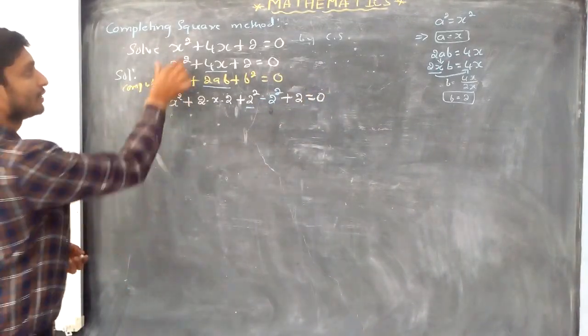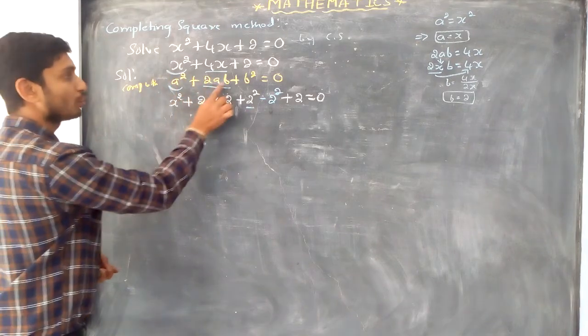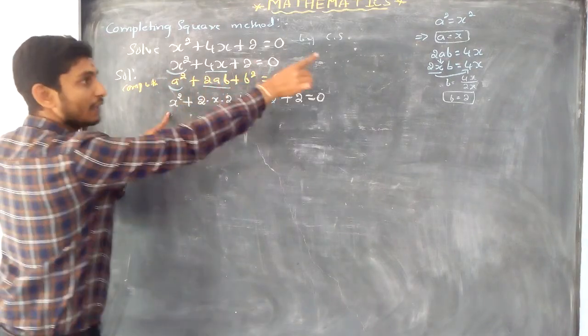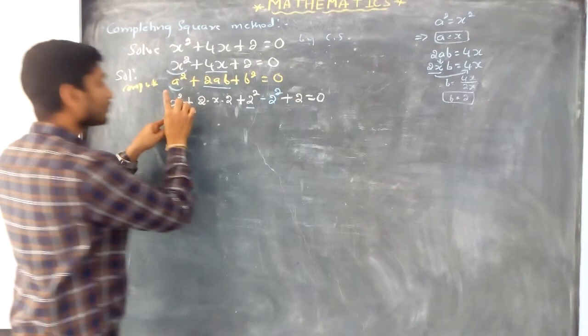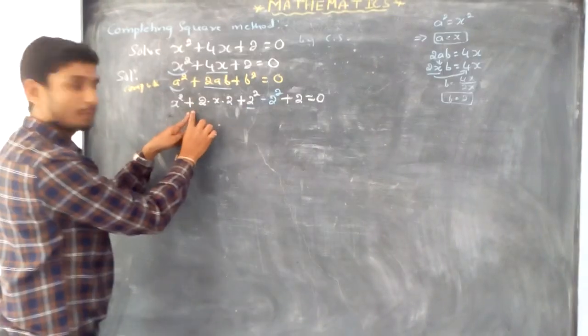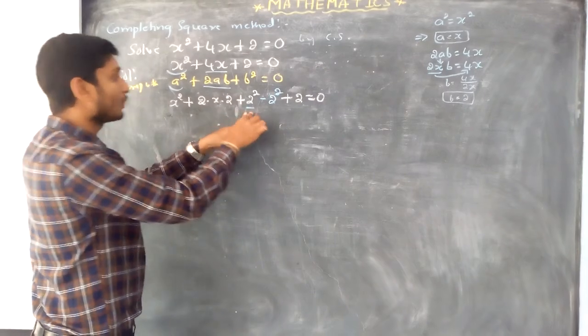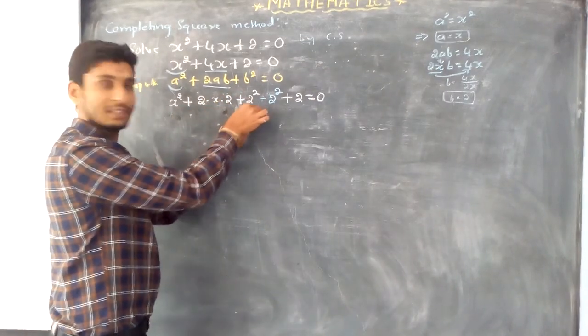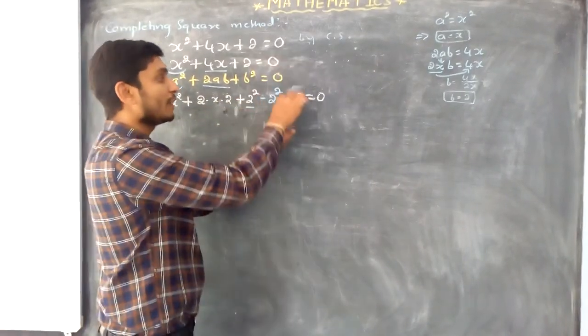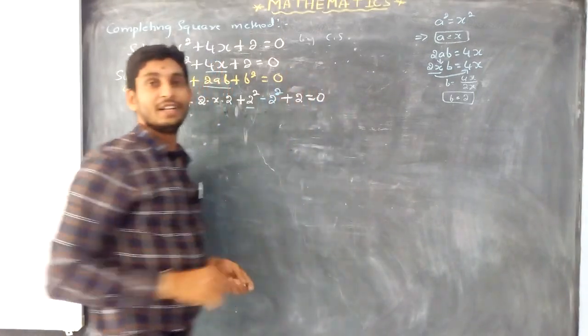So simple. See x compare with a square plus 2ab plus b square. a means x, b means 2. a square means x square, plus means plus, 2 into a means x into b means 2. ಪ್ರಾಬ್ಲಮ್ ಅಲ್ಲಿ +2 ಇದೆ, +2 ಬರೀತೀರಾ = 0.